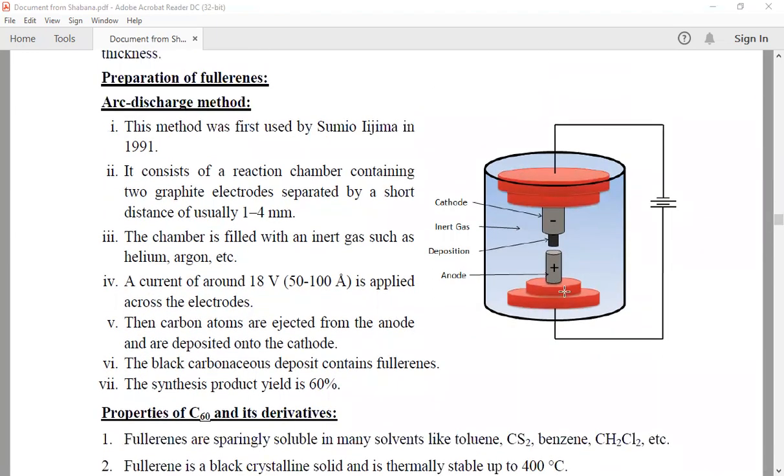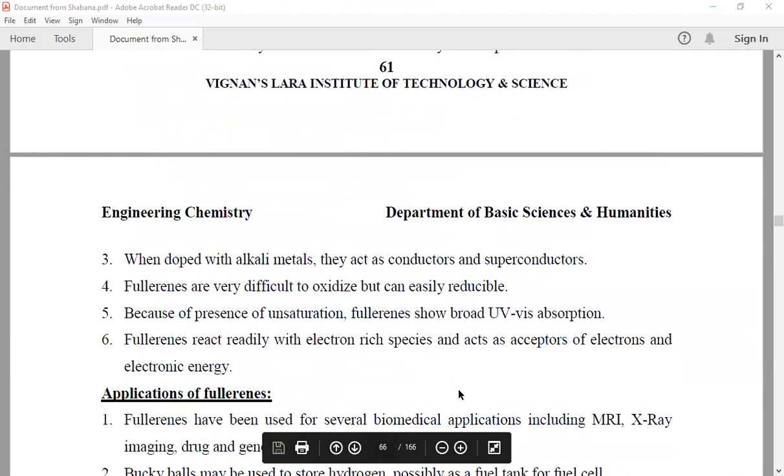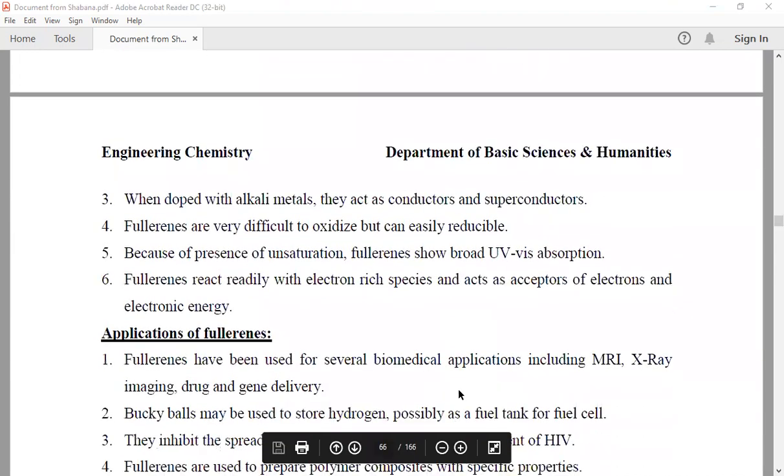Coming to the properties of the fullerenes. Fullerenes are stable with sp2 hybridized carbon atoms. The reactivity of the fullerene is increased by attaching active groups on the surface.